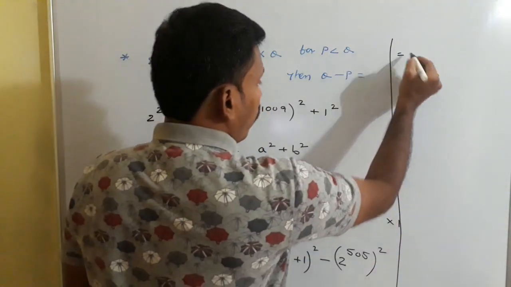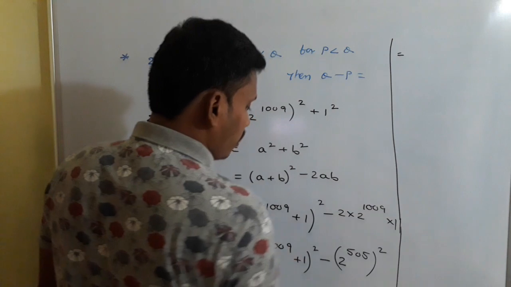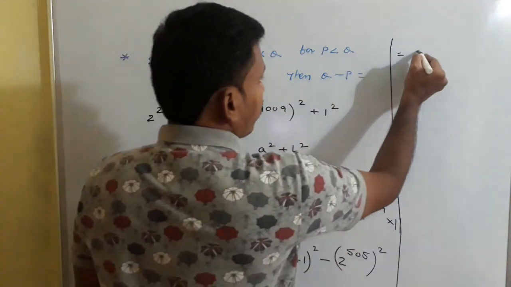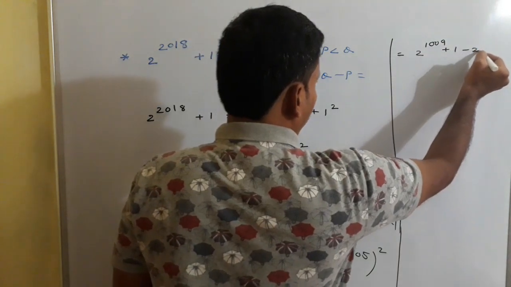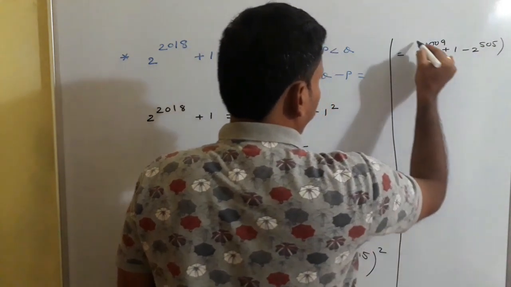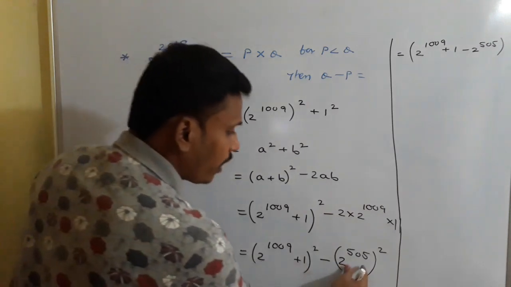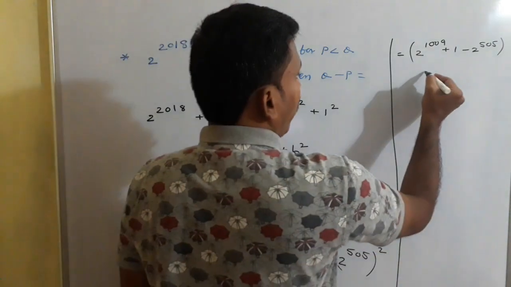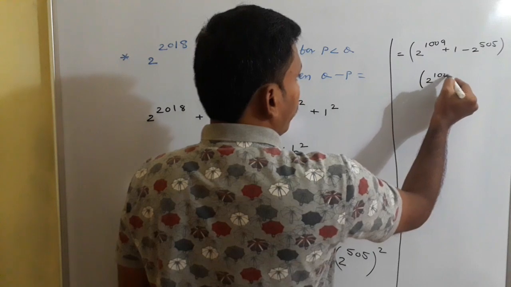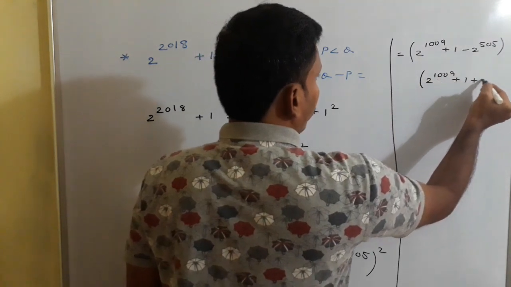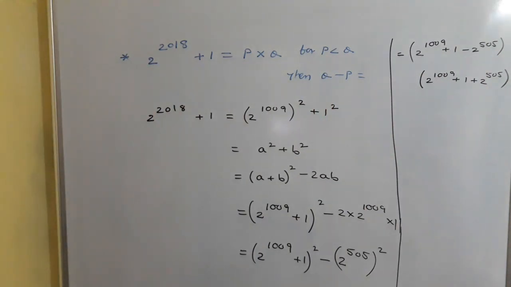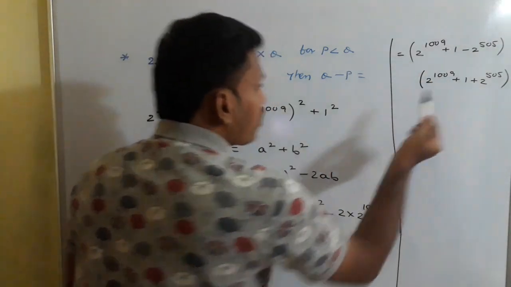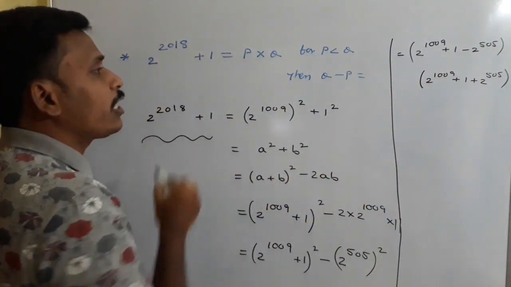So this is equal to (2 power 1009 plus 1 minus 2 power 505) into (2 power 1009 plus 1 plus 2 power 505), taking the first as alpha minus beta and the second as alpha plus beta. So this product is nothing but this 2 power 2018 plus 1.